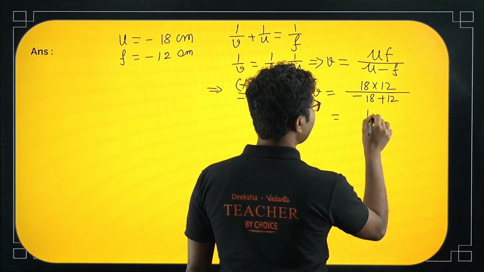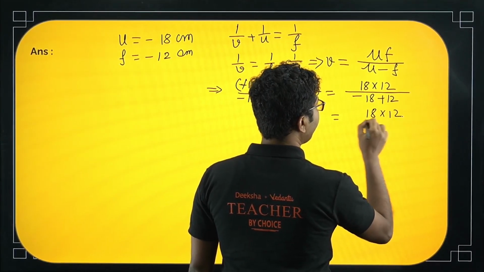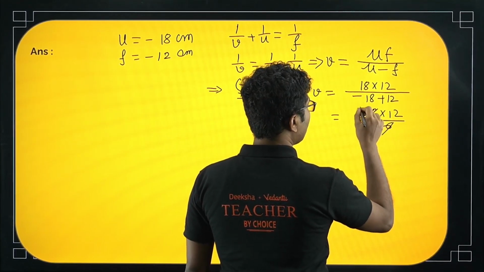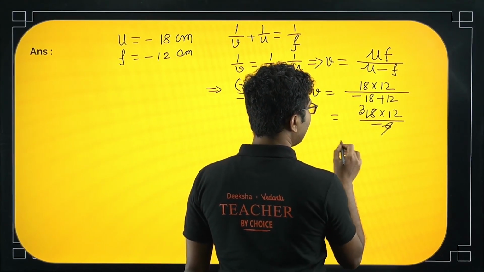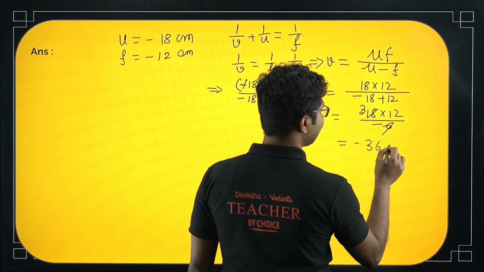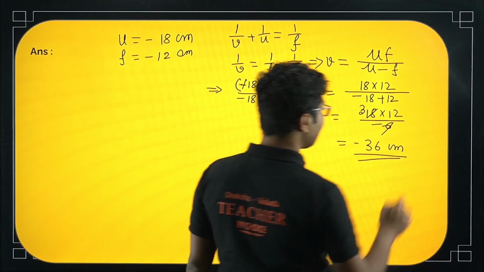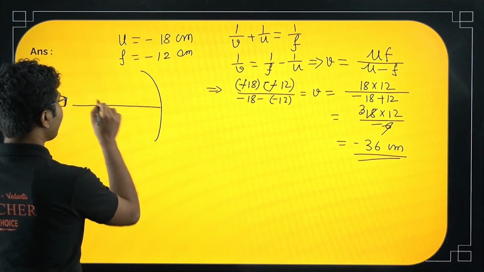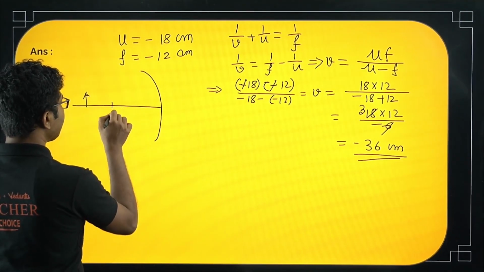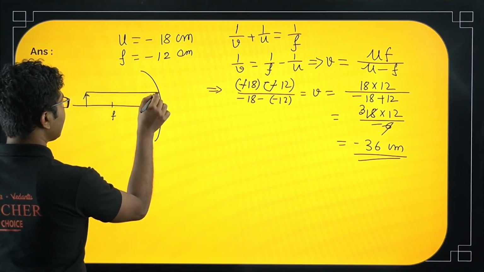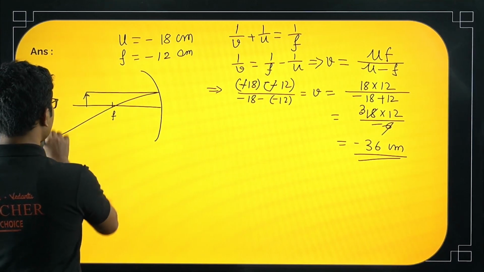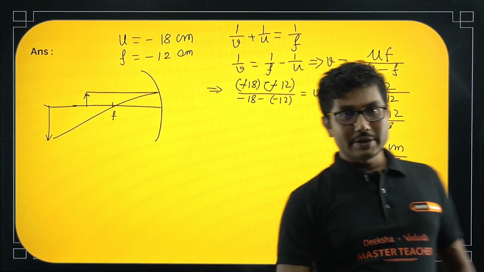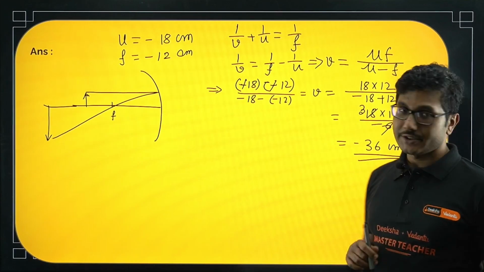So it will be 18 into 12 divided by minus 6, so it will be 3, 6, 18, so minus 36 centimeter. So minus 36 centimeter means real image. In case of concave mirror, this is object, this is the focal length, after the reflection it is forming somewhere here, so that is why it is a real and inverted image. That is why the image distance is negative.